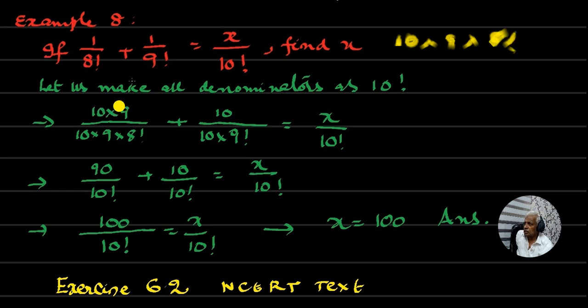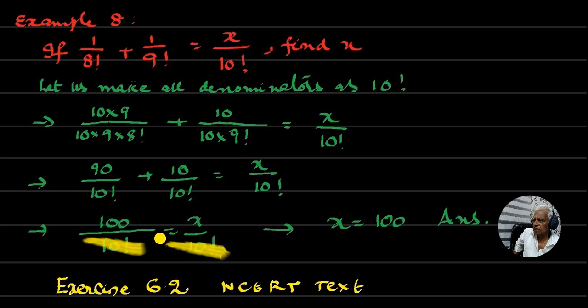So add 10 times 9 here by factorial 8, plus here only add 10, in the denominator you add 10 times factorial 9. This is equal to x by factorial 10, that is given. So this is 90 by factorial 10, this is 10 by factorial 10, x by factorial 10. 100 by factorial 10 is x by factorial 10. This gets cancelled, x equal to 100. That is the answer.